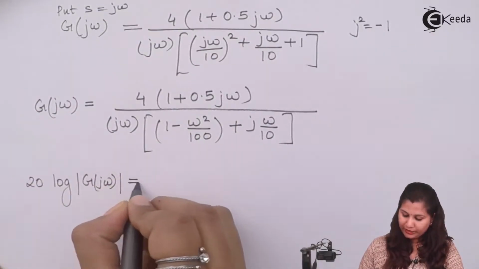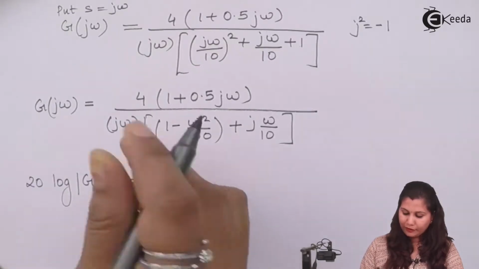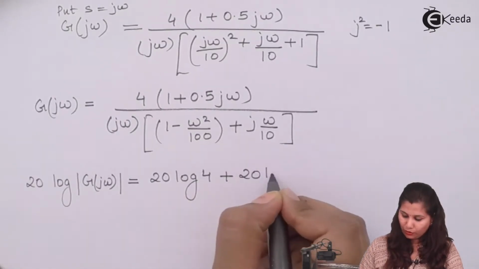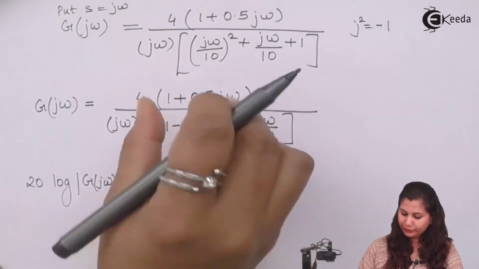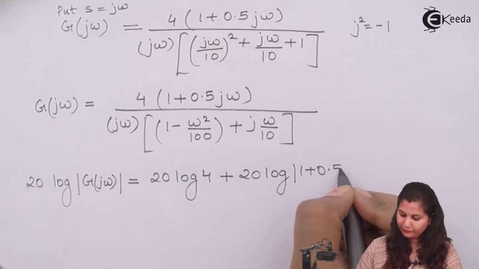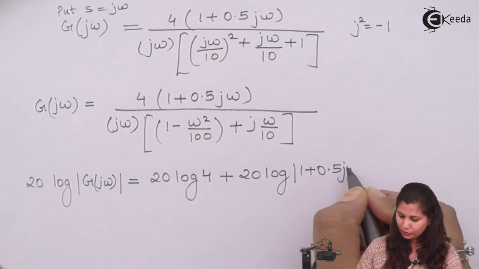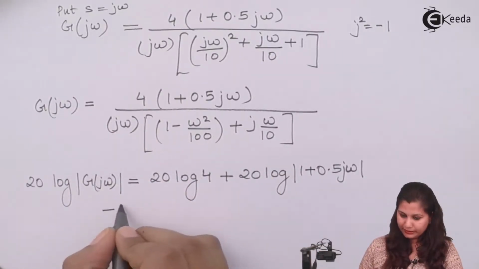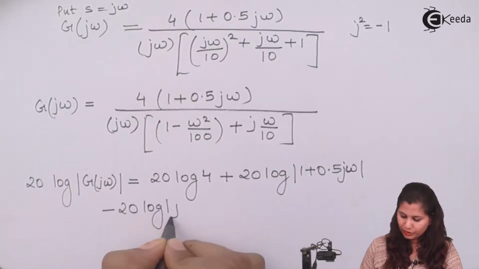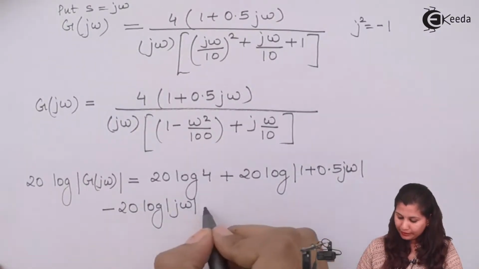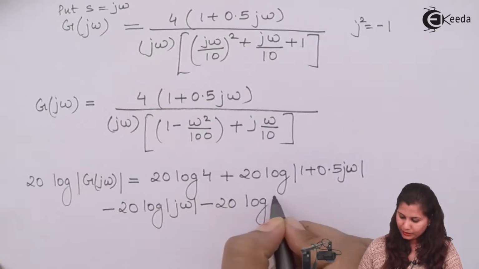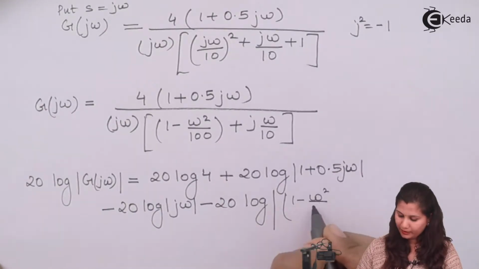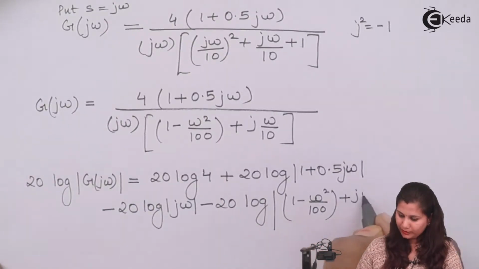We will write 20 log 4 plus 20 log of the magnitude of 1 + 0.5jω. Then, because this term is in the denominator, minus 20 log of the magnitude of jω, then minus 20 log of the magnitude of the whole term 1 − ω²/100 + jω/10.